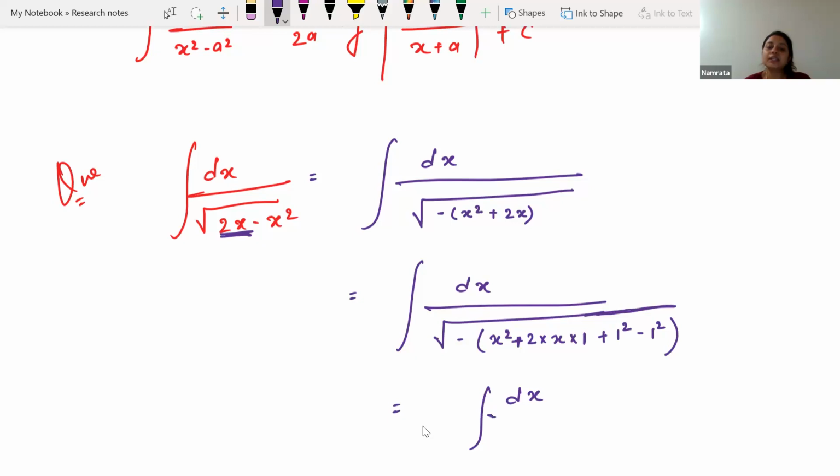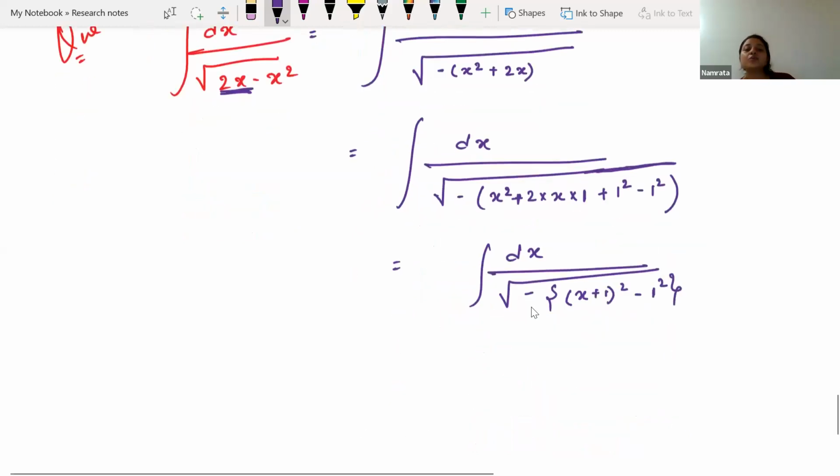We will have dx over minus, and then inside the bracket it became x plus 1 whole square minus 1 square. Now inside the root minus is there, so let's take it with a curly bracket.